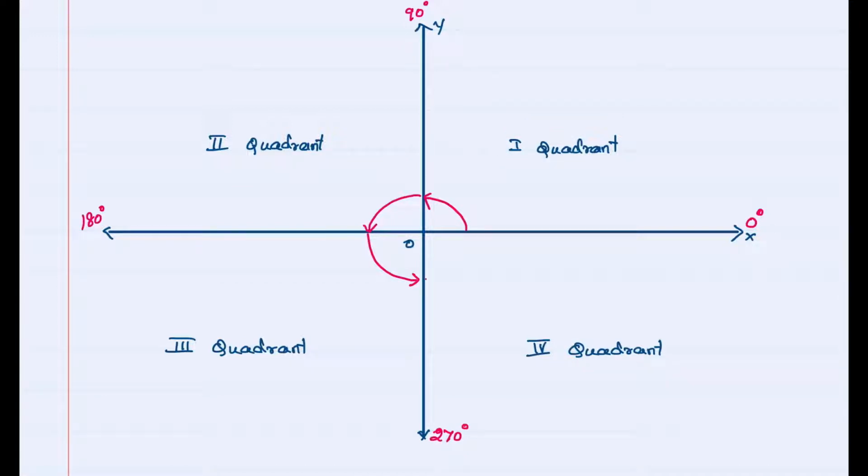And if the angle is between 270 degrees and 360 degrees, it is called a fourth quadrant angle. 360 degrees is one complete revolution. It is called a complete angle, where the initial and the terminal rays coincide. So, 0 degrees and 360 degrees take up the same position.